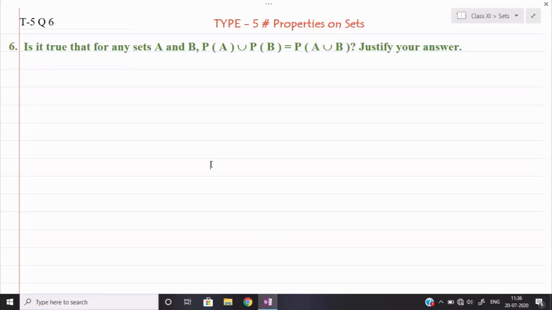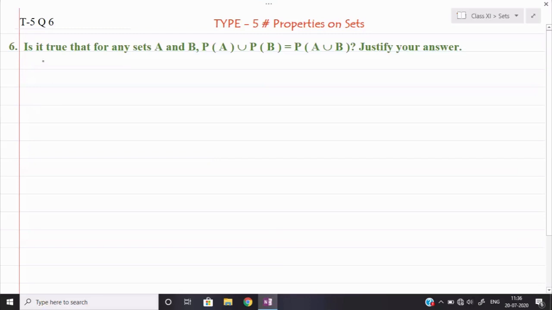So if I am able to give one counter example which can prove the given statement false, we can say that this statement is not uniformly true each and every time, and hence the given statement will come into the category of false, because it should be true each and every time. So one example is enough to make the whole statement false if it gives a false result. Let us see how it is possible.